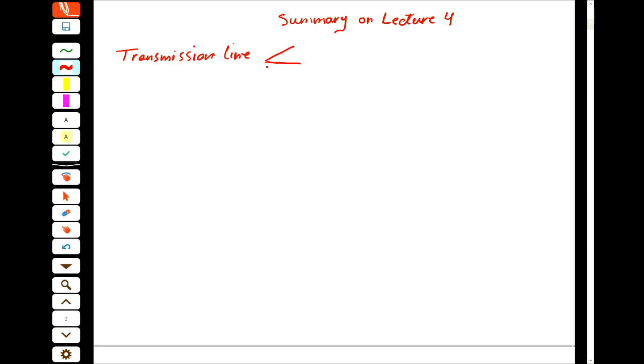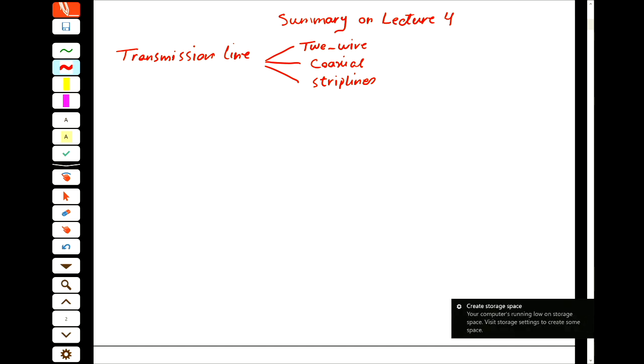We defined different types of transmission lines, which were the two-wire lines, coaxial cables, and strip lines or microstrip lines. And then we mentioned that the equations that the transmission lines follow are the telegrapher's equations.